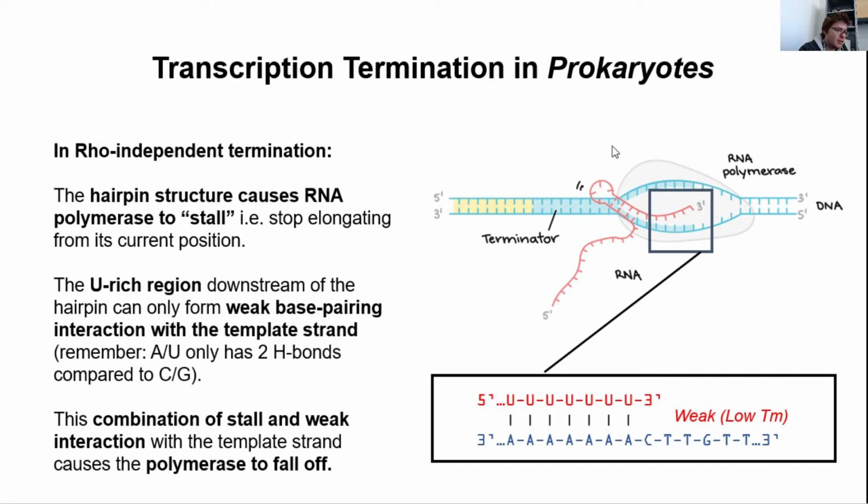And so this combination of being stalled, that is unable to advance forward, and then what you're stuck on here is a very weak interaction. Because it's the interaction between template and RNA that's really holding polymerase and this bubble together, it's so weak now that the whole thing is basically going to fall apart, and your polymerase complex is going to disassemble.